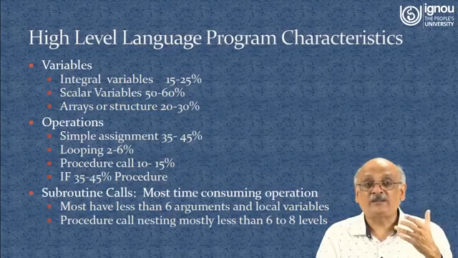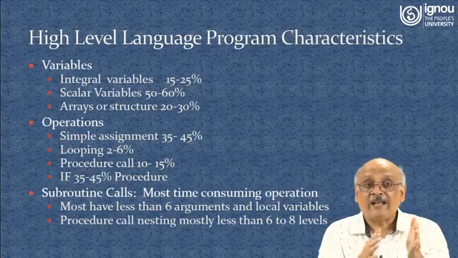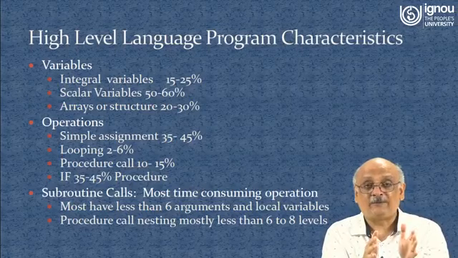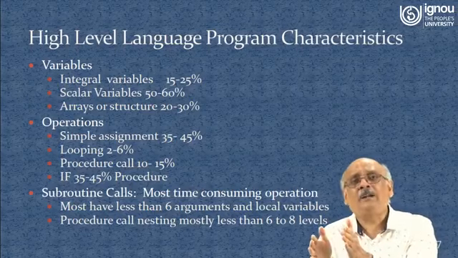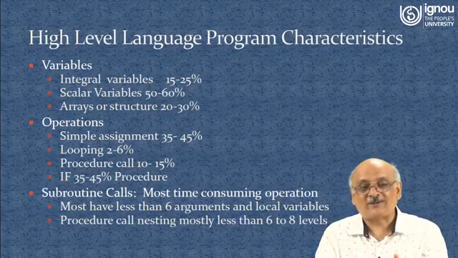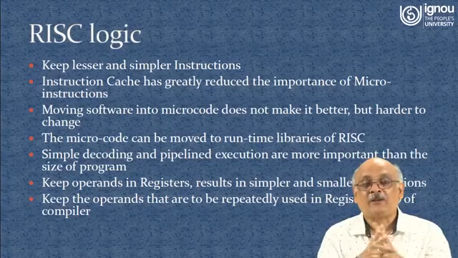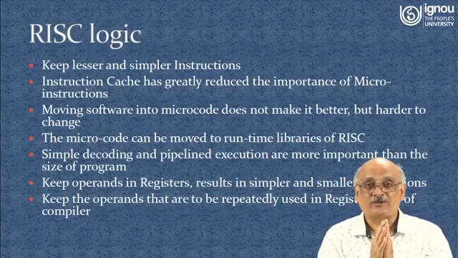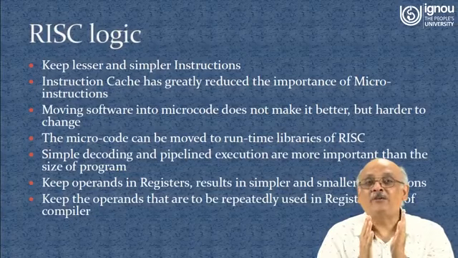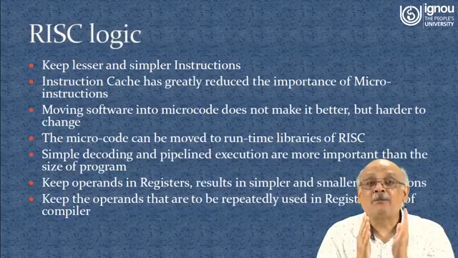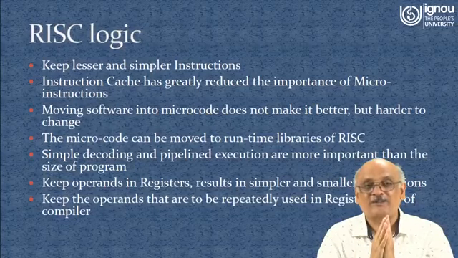So these were the program characteristics, and all these things, whatever we have discussed so far, led to the development of reduced instruction set architecture. So what was the logic behind RISC? Keep fewer and simpler instructions. Why? Because we have cache memory, so don't make very complex instructions. Even compilers support the simpler instructions.